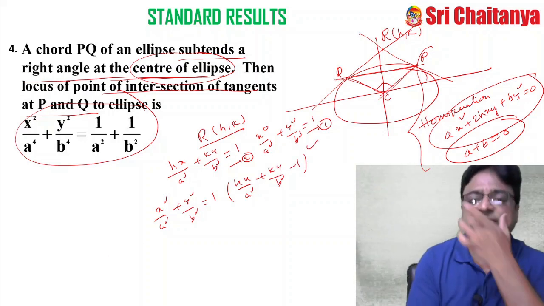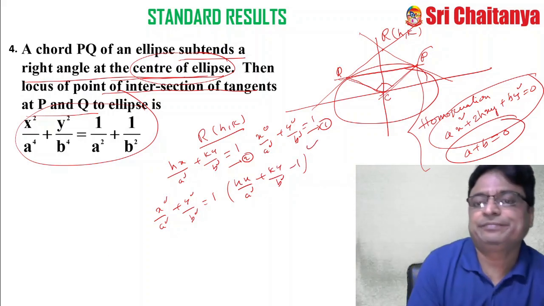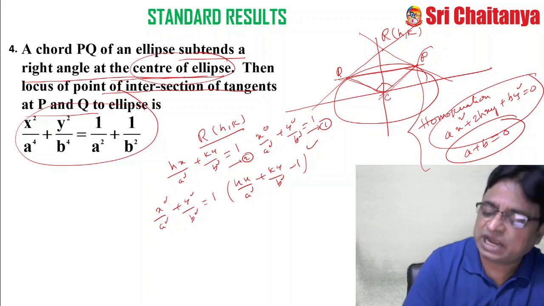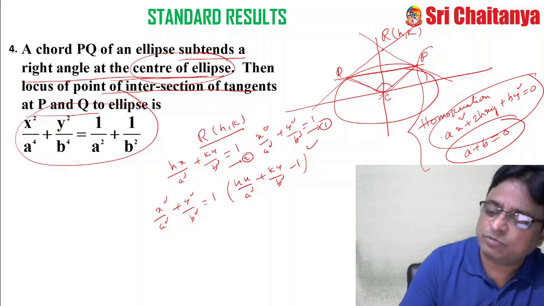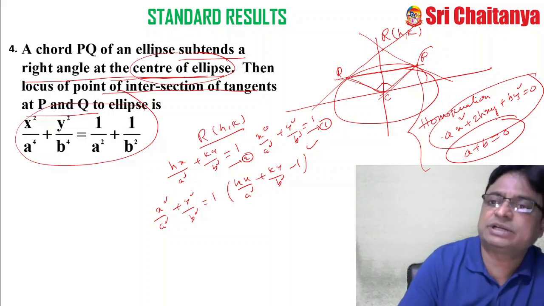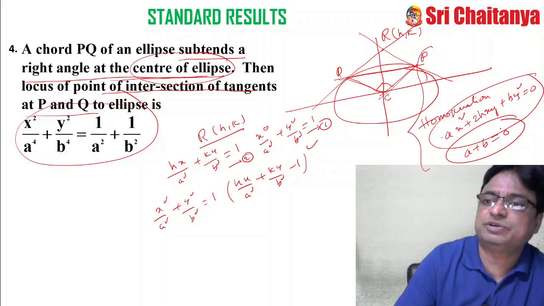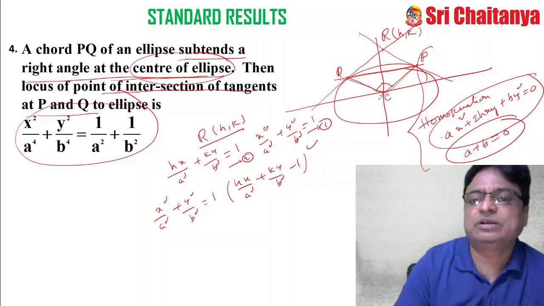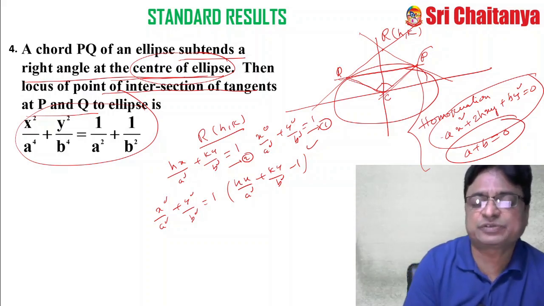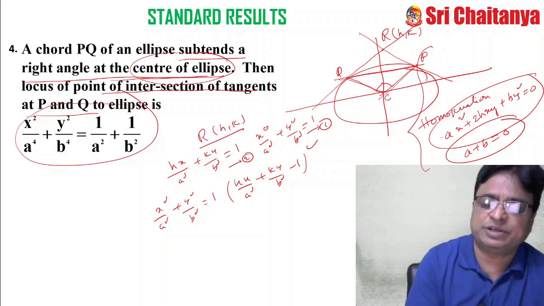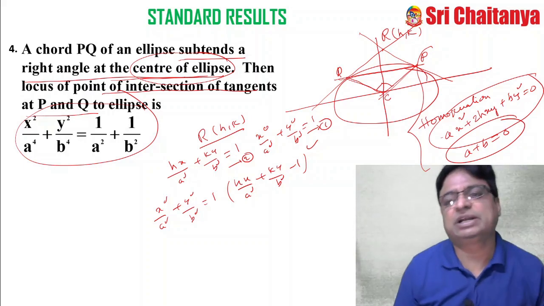This is a second degree homogeneous equation in x and y. As I said, if the angle between the lines represented by ax square plus 2hxy plus by square equal to 0 is 90 degrees, then the condition is a plus b equal to 0, that is, coefficient of x square plus coefficient of y square equal to 0. You apply and simplify, you will get the answer.